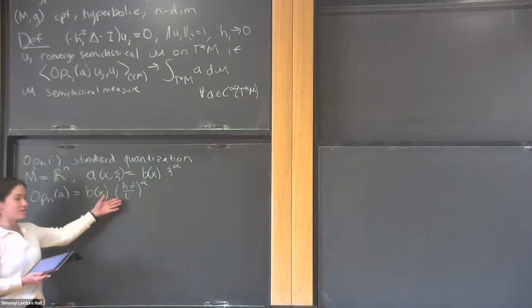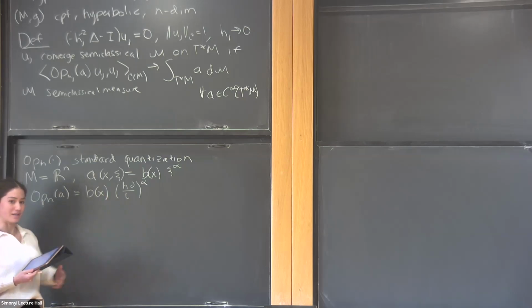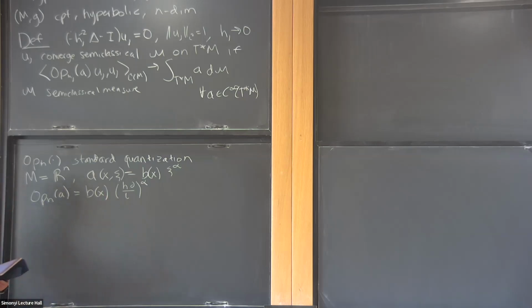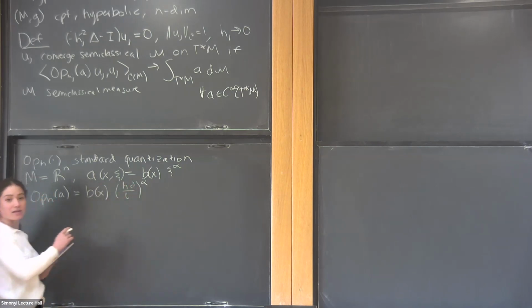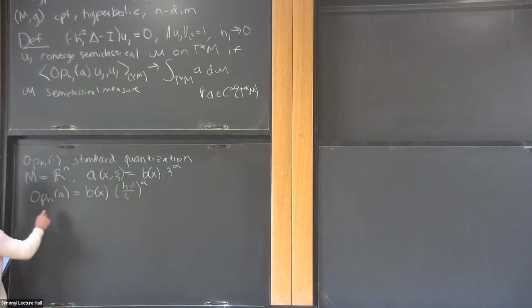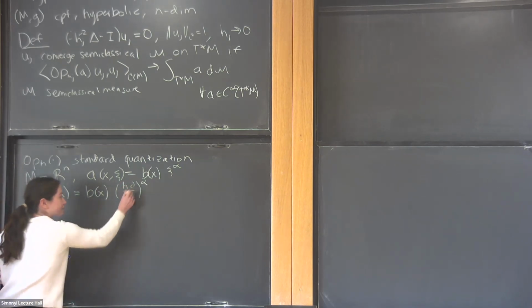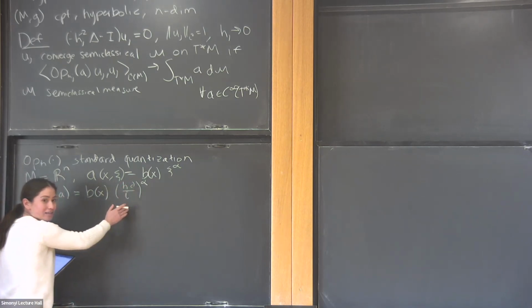So derivatives, it's a Fourier multiplier. But what are these letters you wrote there, h over something? This is the derivative. Yeah. This h is my semi-classical parameter. What's in the denominator? Oh, this is an i, the imaginary i.